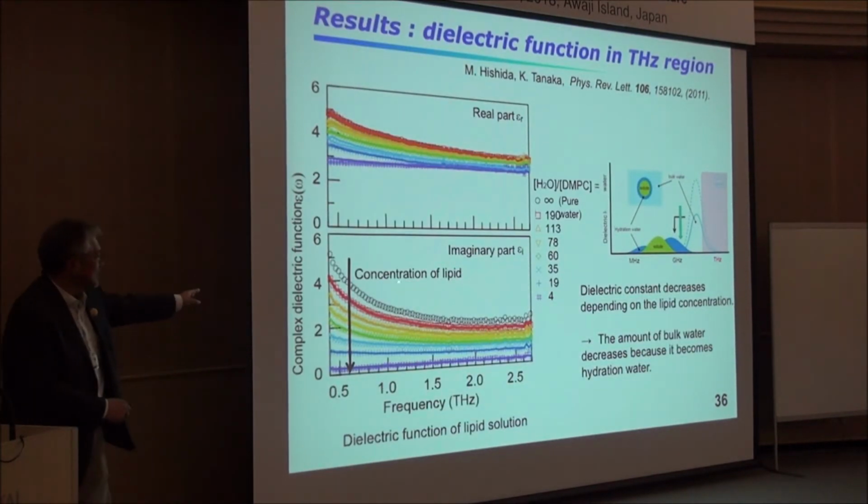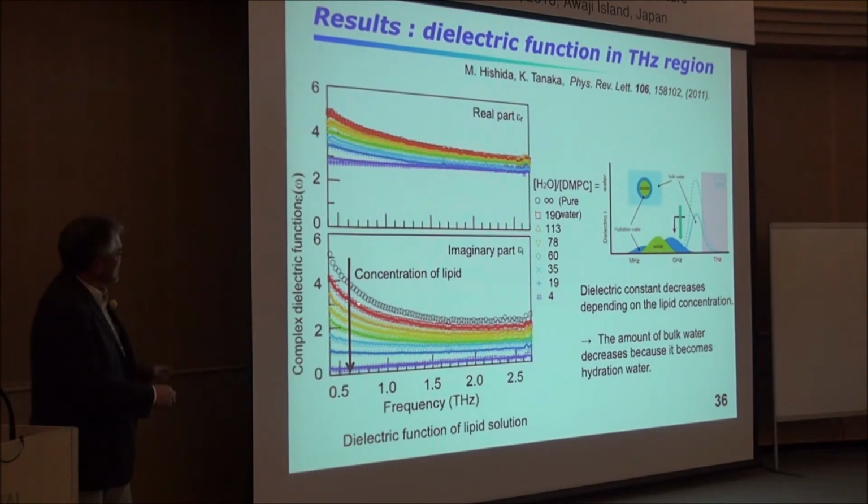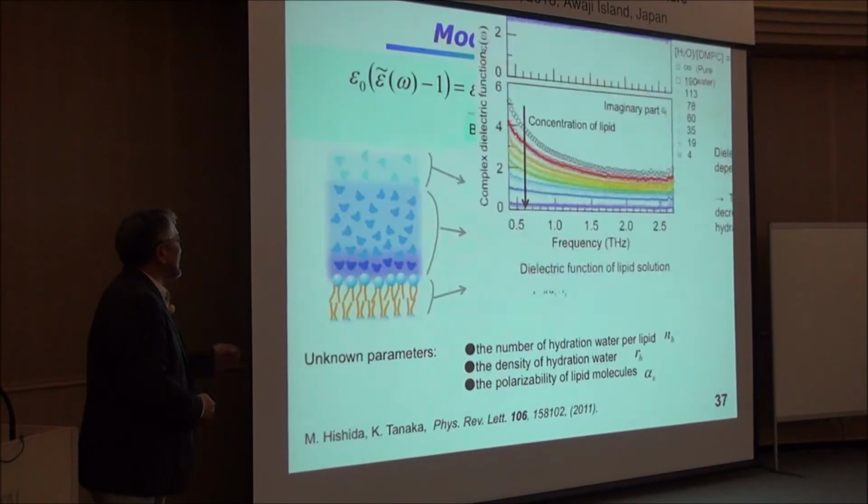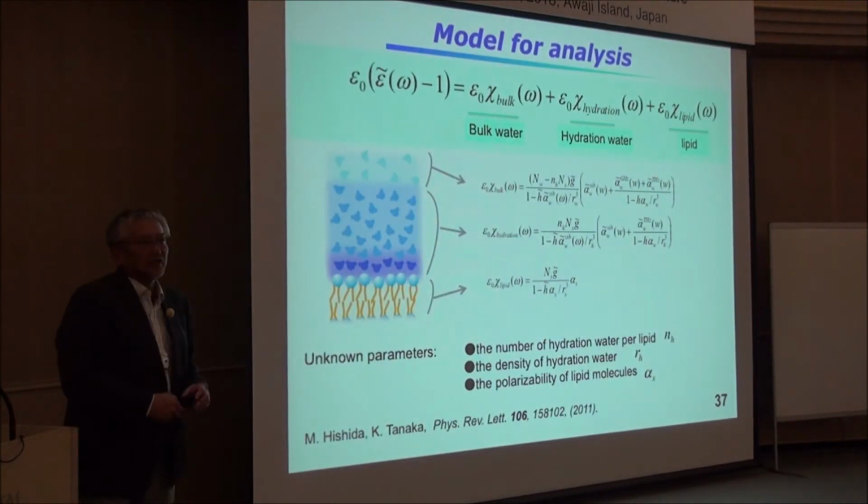And we determine the hydration number using Terahertz spectroscopy. This is the result. If you increase the lipid density, we really see a decrease, a very large change. By looking at this change, we can estimate the hydration number.